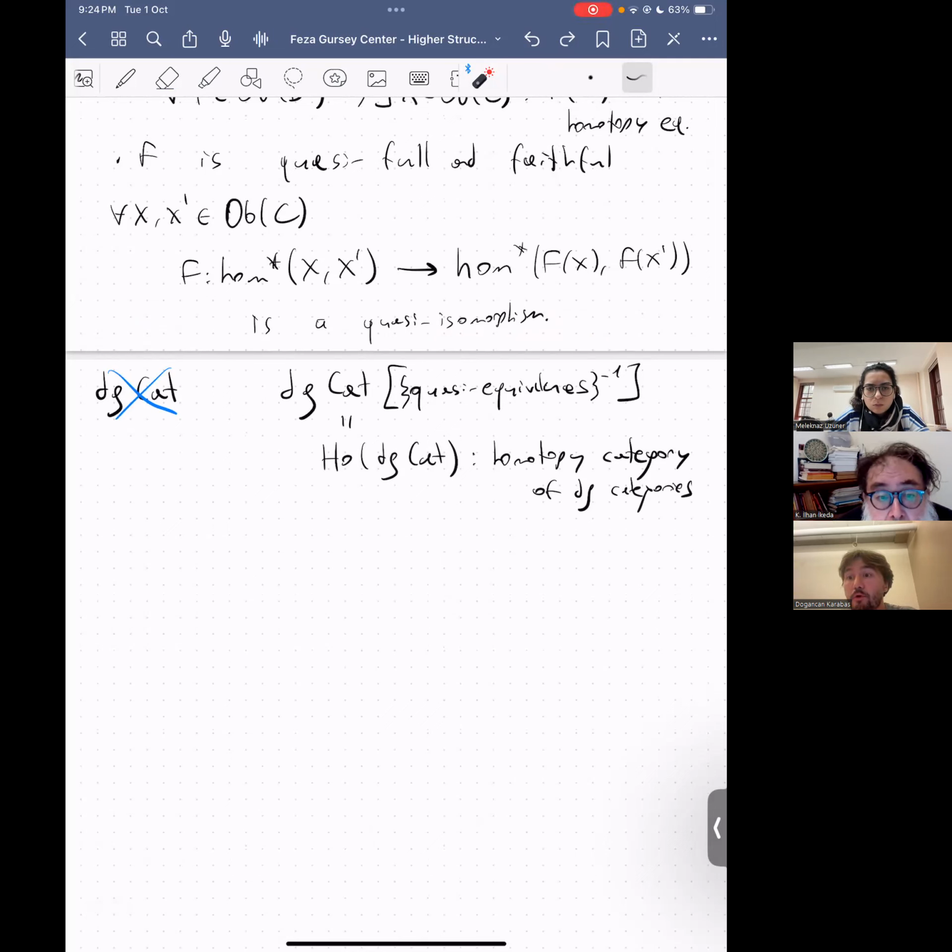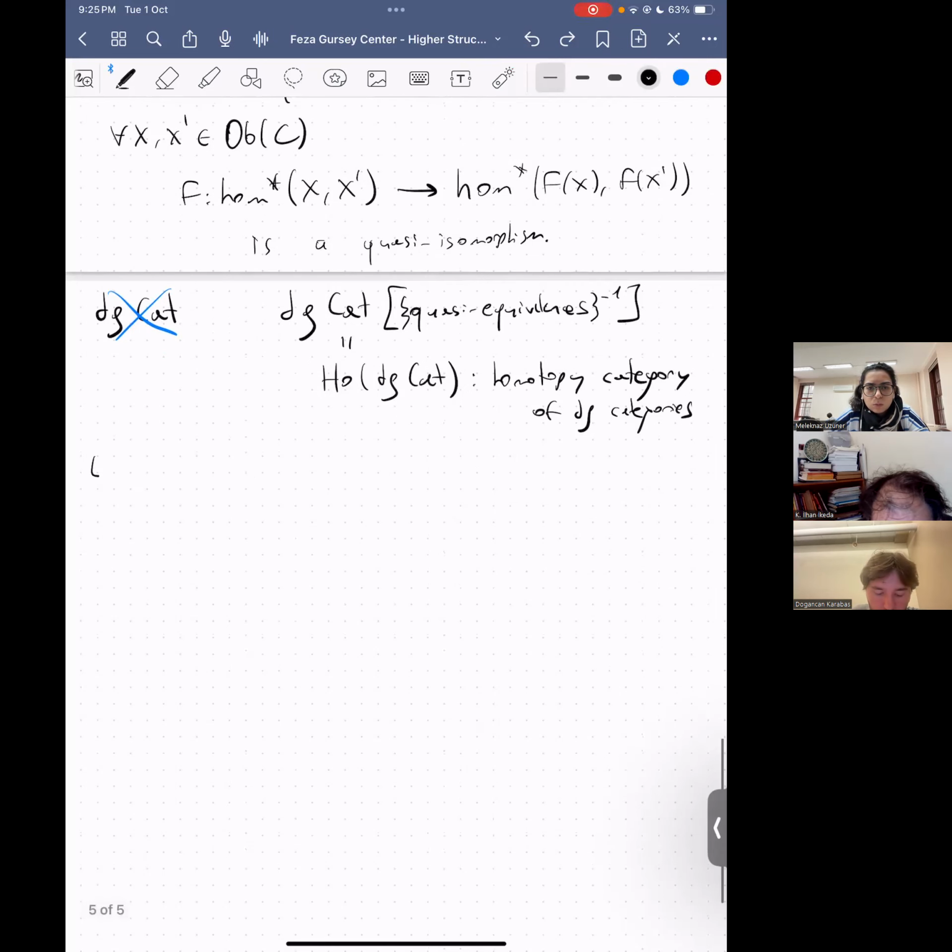We want them to be our notion of isomorphism. So what we do, we add the inverse ourselves to the category. This is called localization. We localize the category. But the problem is when you localize a category, it will really change. DGCAT and this Ho DGCAT are very different things.